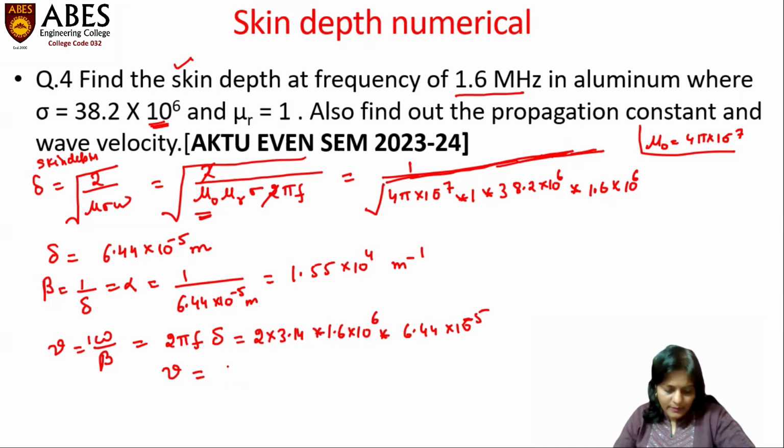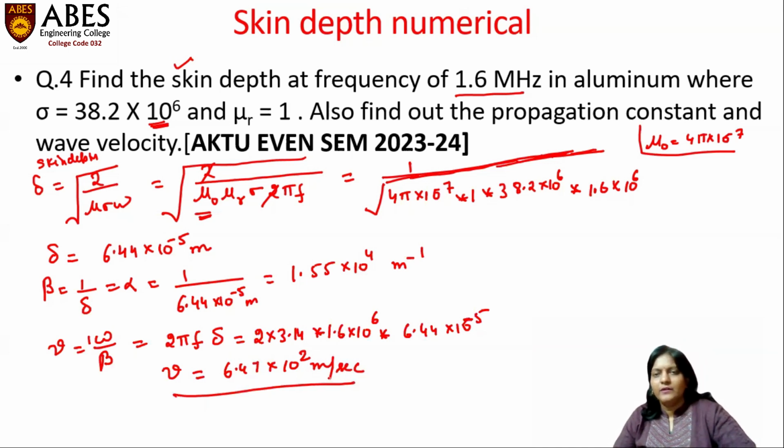So velocity will be 6.47 into 10 to the power 2 meter per second. This is the velocity of an electromagnetic wave traveling in aluminium.